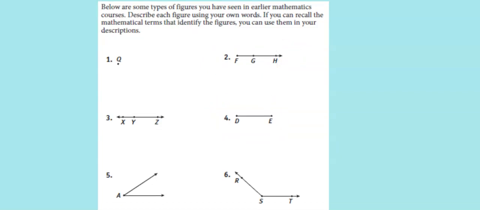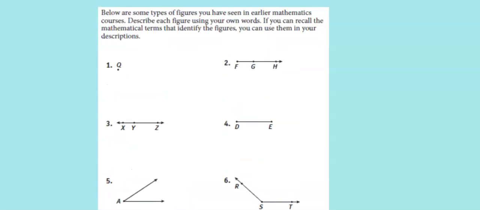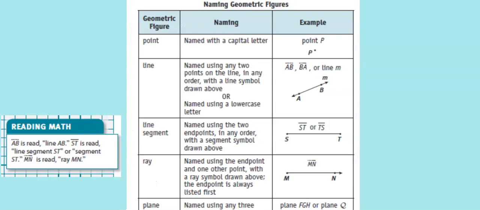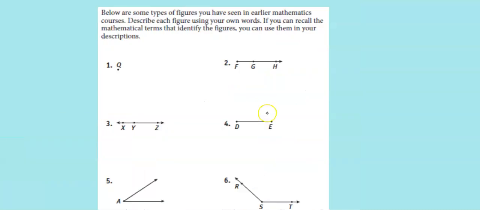Okay, instead of going over all of the answers, let's hop to the next page. We might come back to this one. On the next page, you're going to see the actual way that you're supposed to name everything, because almost every student in the United States takes geometry. And if one teacher describes this as a line segment, and another teacher in another state uses different vocabulary, that's not going to work well after high school.